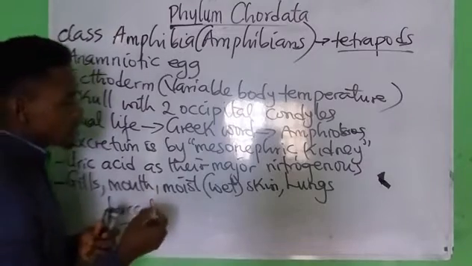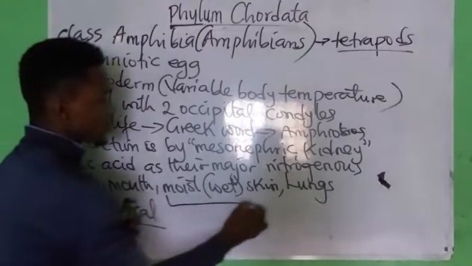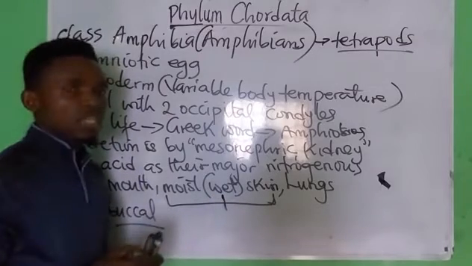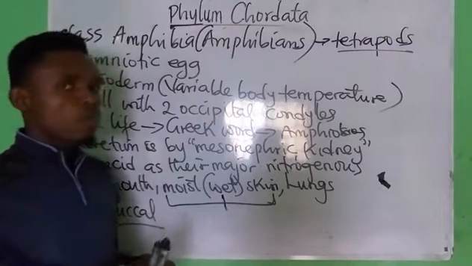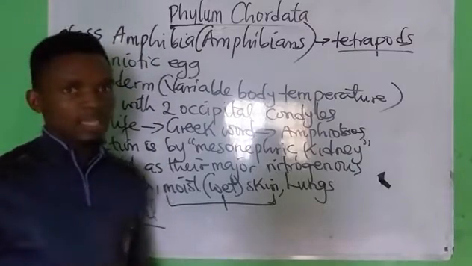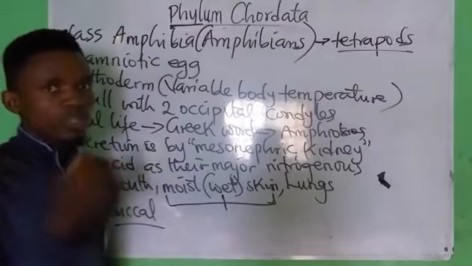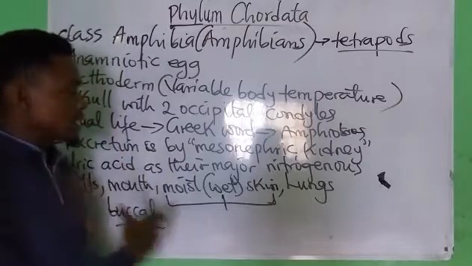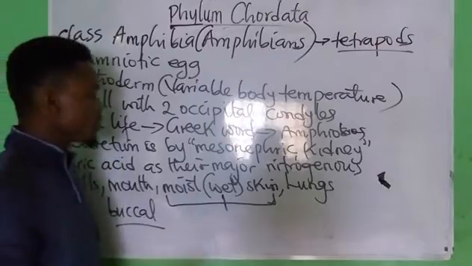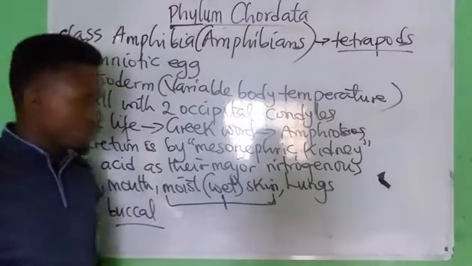Now, they also have the ability to carry out respiration with the use of their moist skin. Their skin is always kept moist or wet because there is a mucus secretory gland. This gland secretes mucus, a slimy substance that keeps the skin of these organisms moist, which will increase the efficiency of respiration.